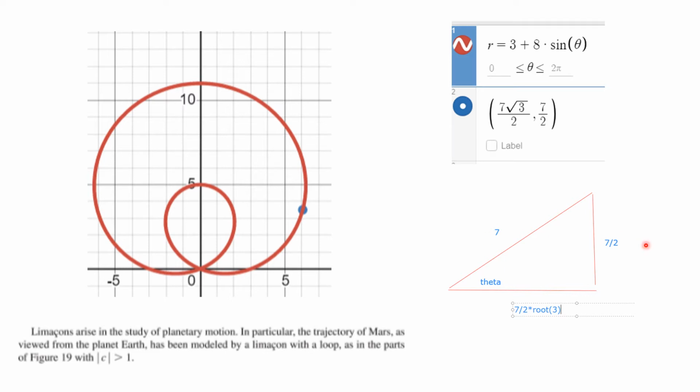That tells me this side, which is the y coordinate, is 7/2, and this side is 7/2 times the square root of 3. Okay, so this is how I got this point, and notice that I dotted it in blue here. We want to find the tangent line that goes through that point. That's what we're trying to do in this problem, and that's what the geometry looks like.